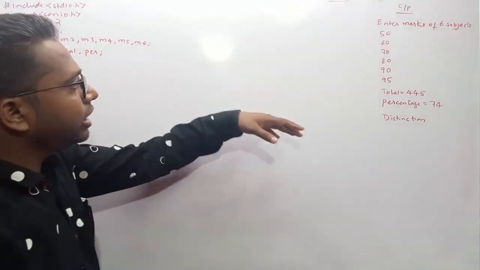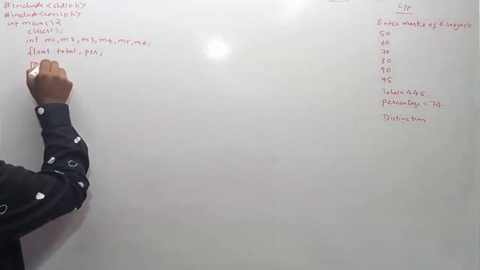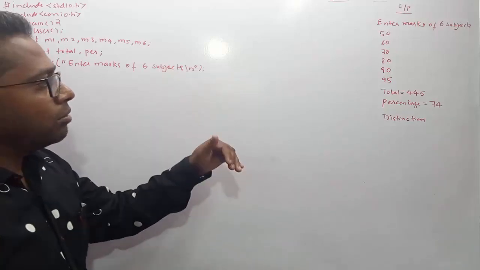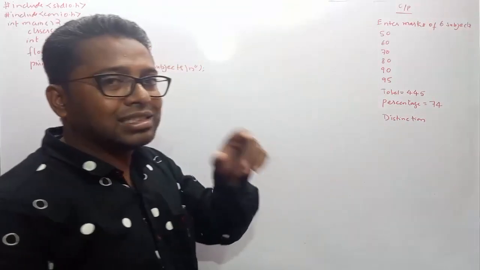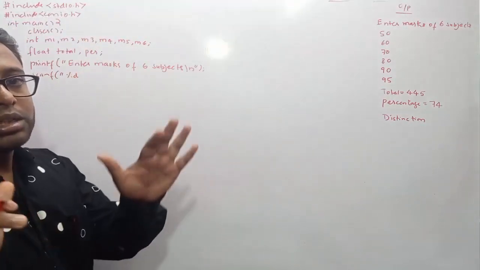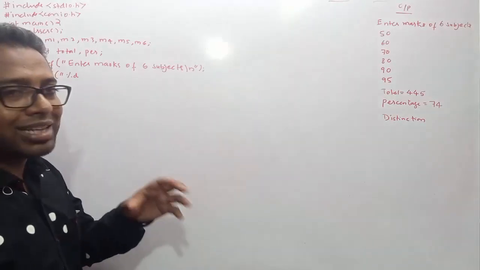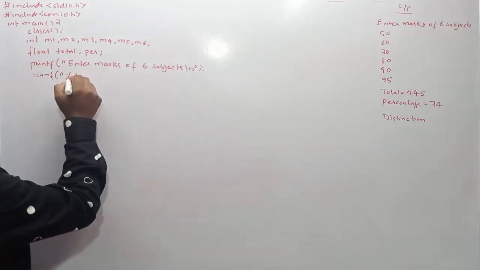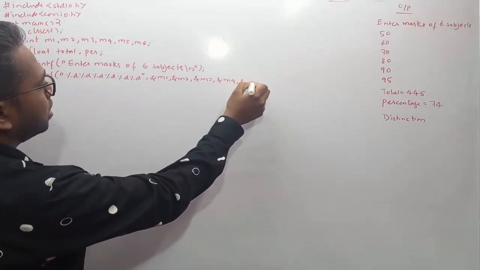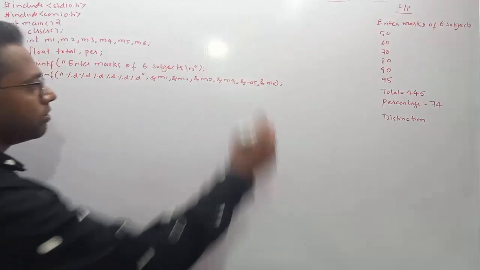Next I need to display this message to the user: enter the marks of 6 subjects. Then one by one I need to accept these different marks using the %d format specifier 6 times. Since I'm expecting 6 different marks from the user, that's why I need to use %d 6 times. M1 through M5, M6. This much is done.